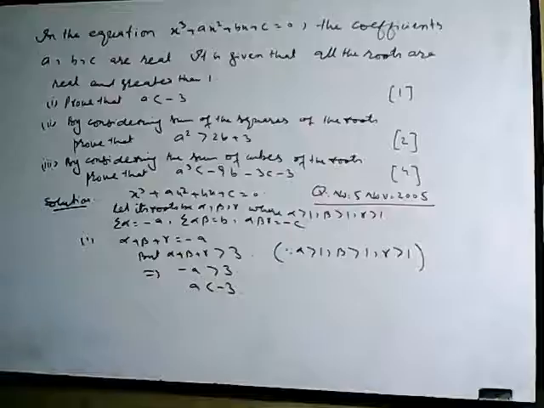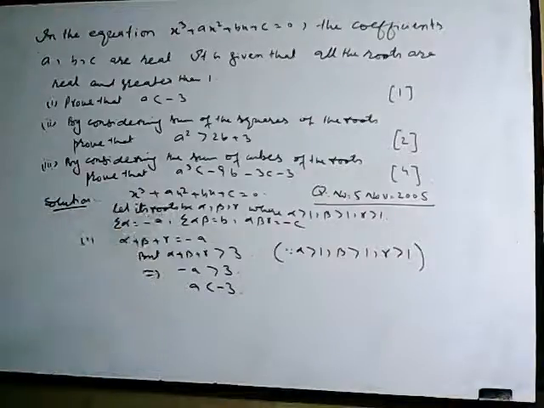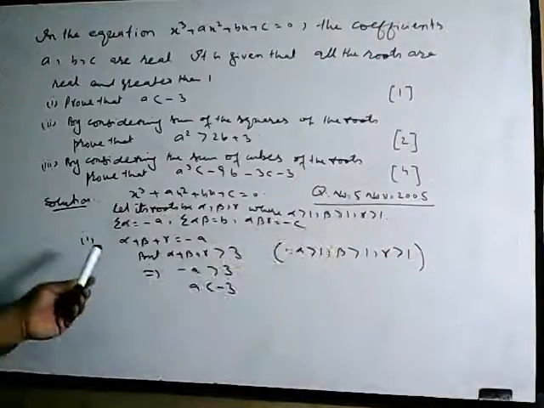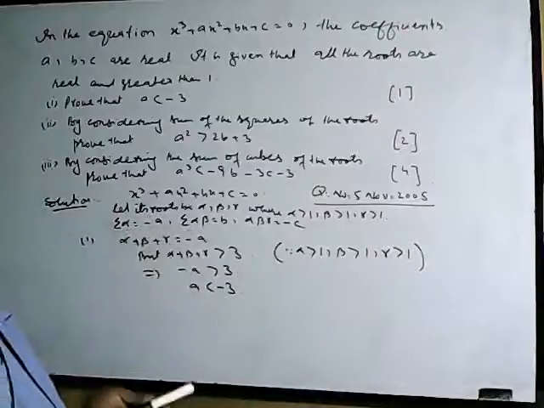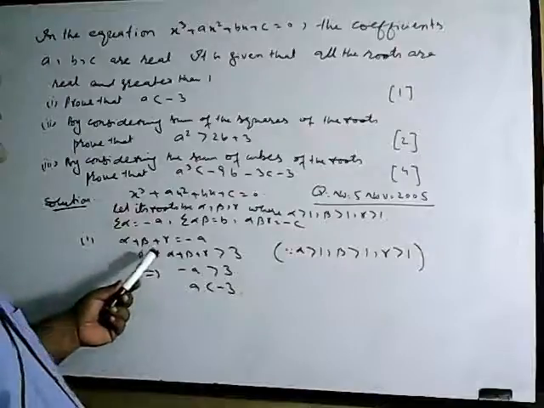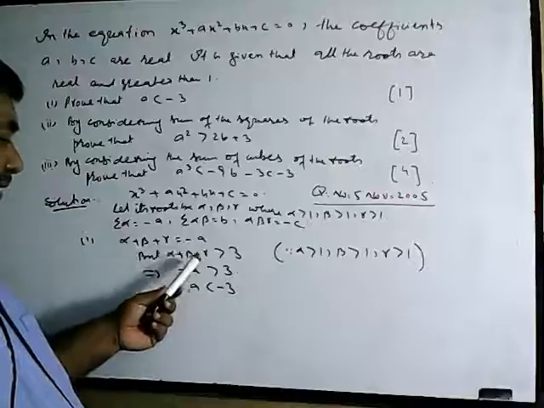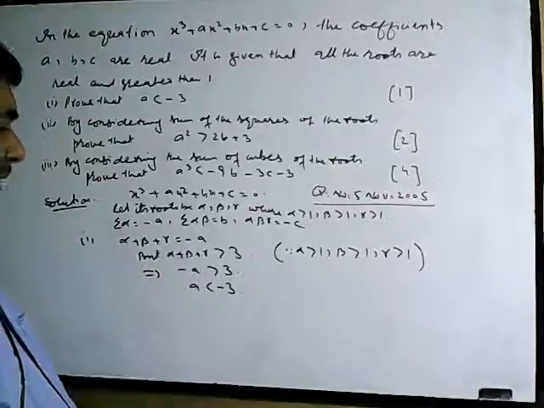So this we proved. We supposed the equation has roots alpha, beta, gamma, each greater than 1. Then sigma alpha is minus a, sigma alpha beta is equal to b, and alpha beta gamma is equal to minus c. Alpha plus beta plus gamma is minus a, and it is greater than 3, so minus a is greater than 3, so a is less than minus 3.